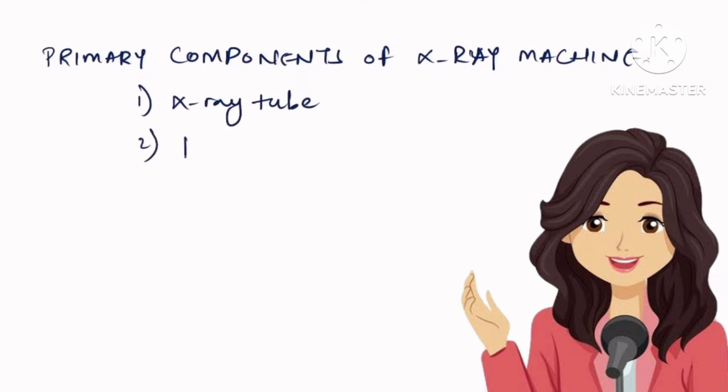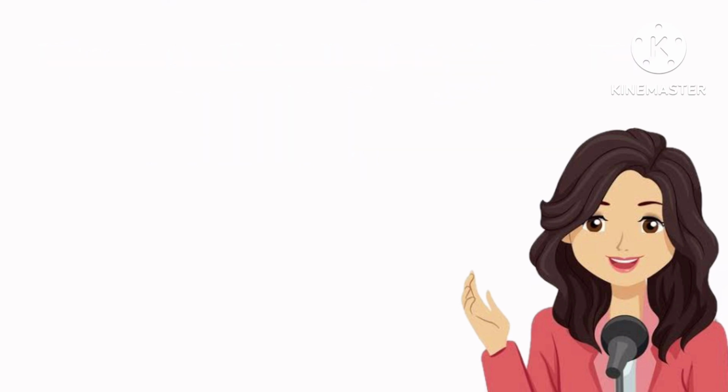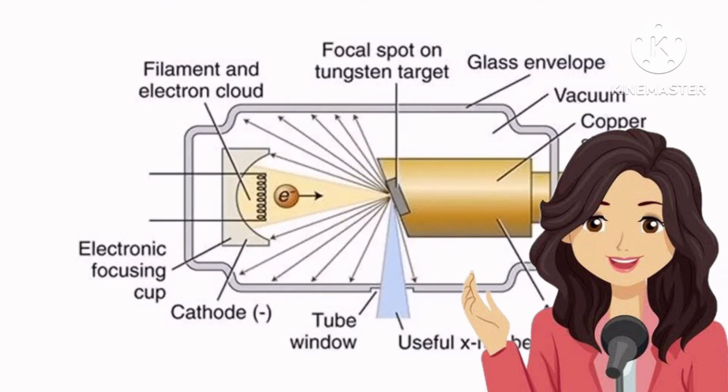The second one is the power supply. So these two basically make the X-ray machine work. Starting with the X-ray tube, this is how we have our X-ray tube.